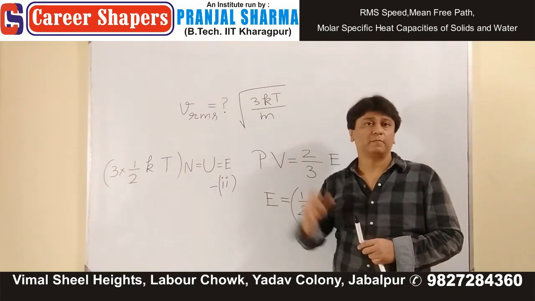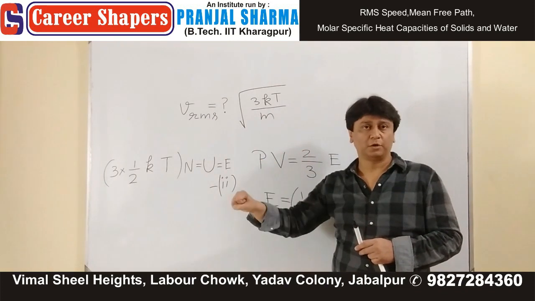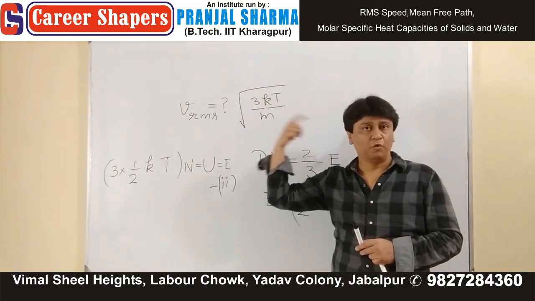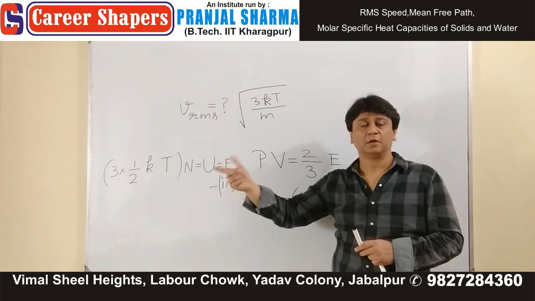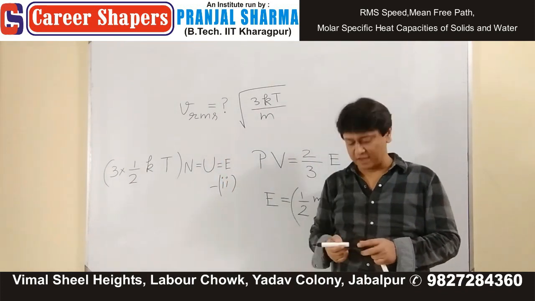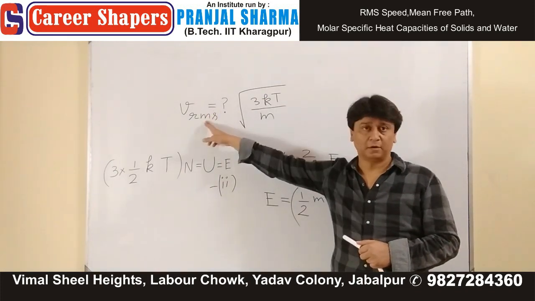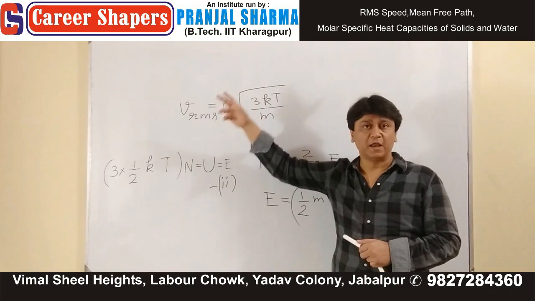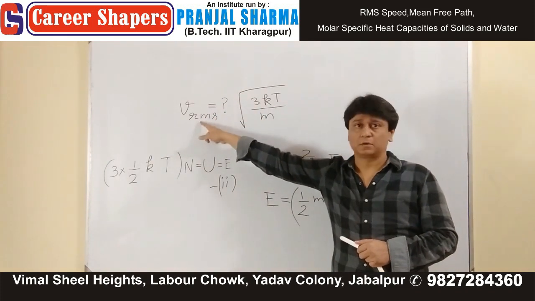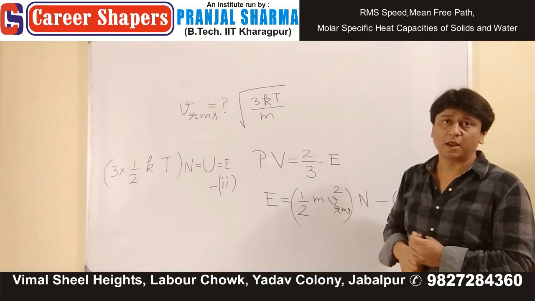If you calculate speed of a given molecule, go for its square, do the same with each and every molecule present in the sample, and then find the mean, and finally root, it will give you root of 3 kT divided by m.